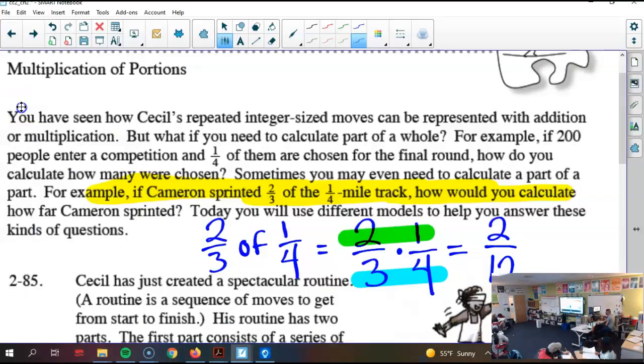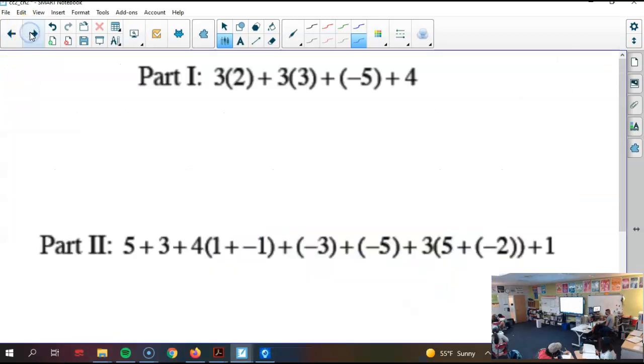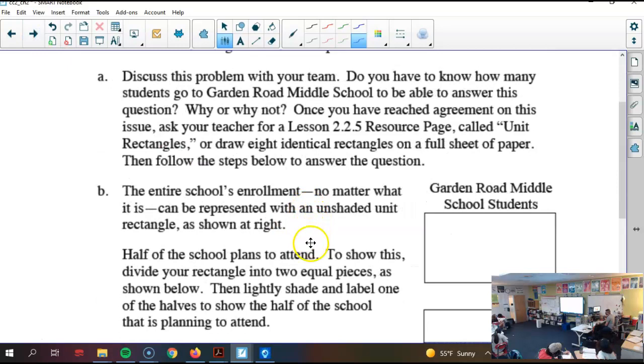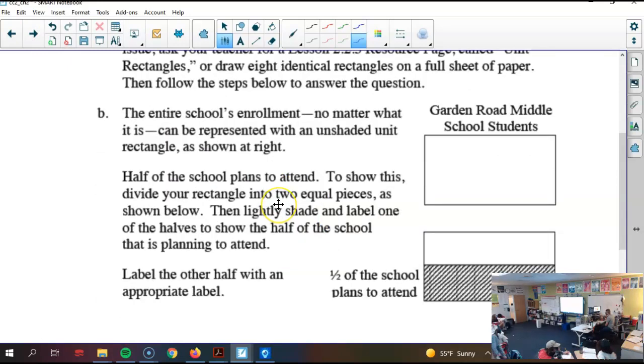Let's try this with another one. All right, new rectangle. Half the school is going on this trip. Shade in half a rectangle. Half a rectangle. Let's go this direction, the direction they go.